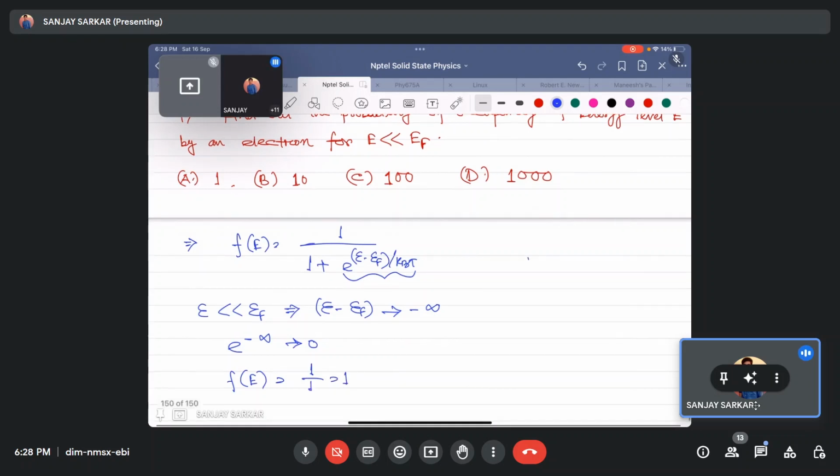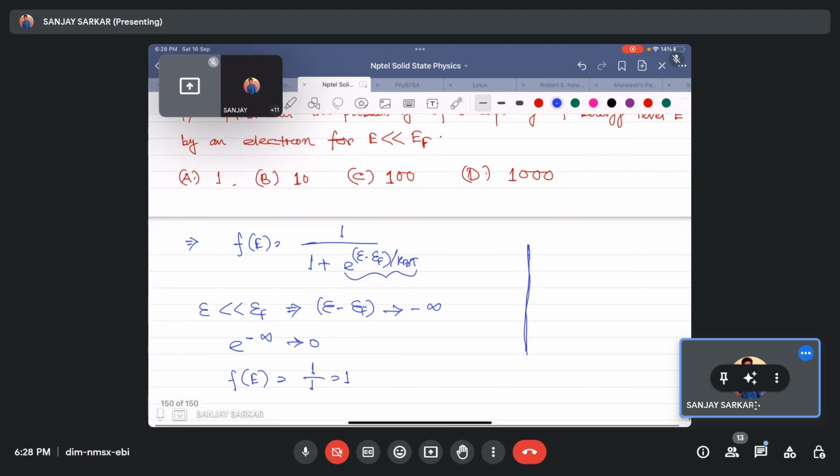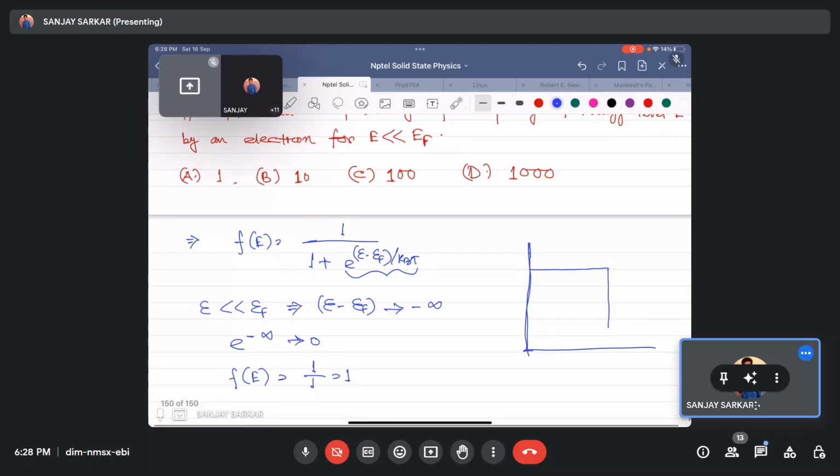You also know from this curve that at 0 temperature it is like this. So this is f(E) with energy. This is the Fermi energy epsilon F, and at finite temperature it will be like this, where the occupancy is 0.5, and this is 1.